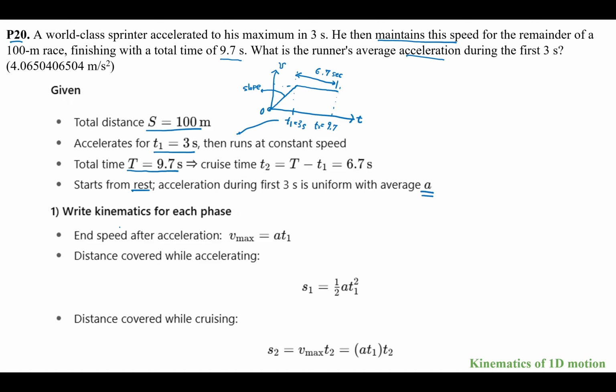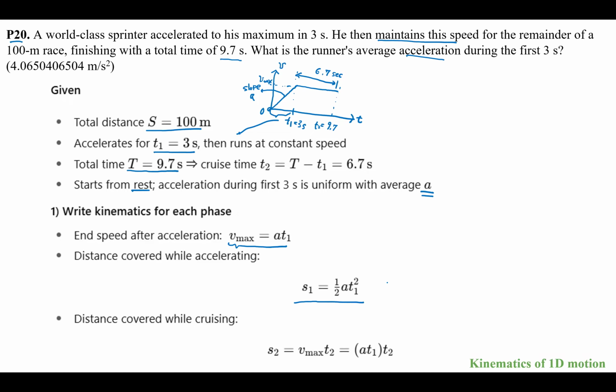And then we are going to write the kinematics for each phase. The end speed after acceleration, so Vmax is A T1. So the slope is A, and as you can see here, A T1 is Vmax. And distance covered while accelerating from here to here, we note that S1 is given by this formula.